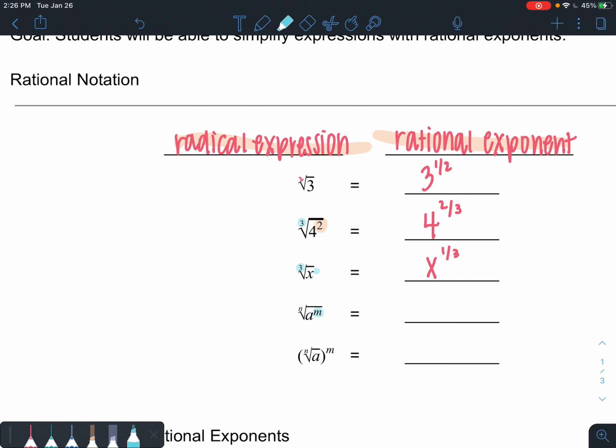We write it as a fraction where m is our numerator and n is our denominator, if m is our exponent and n is our root. So we have a to the m over n, just like that.